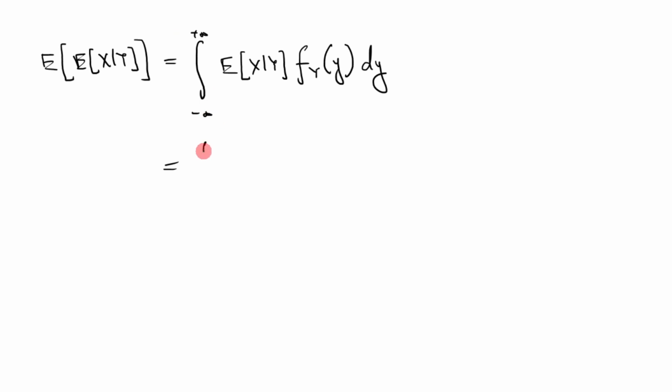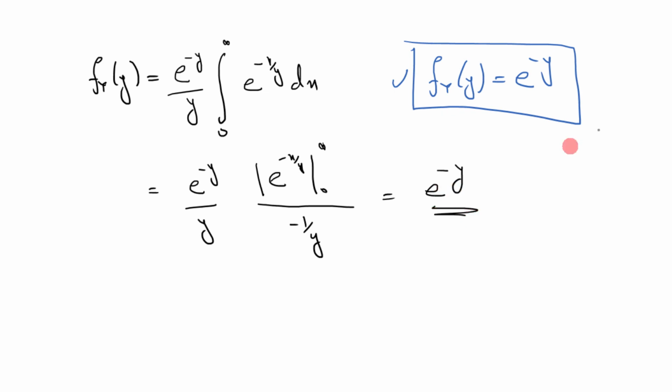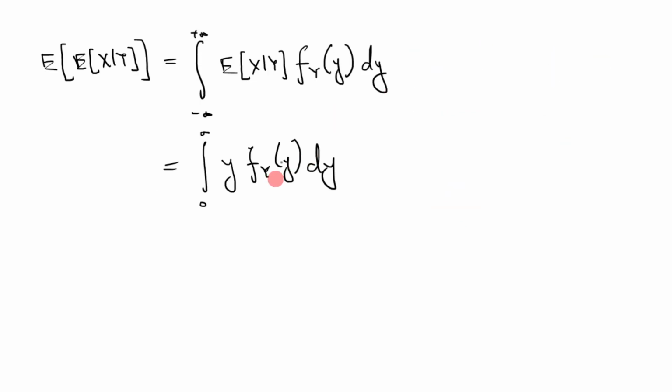Its integration limits are 0 to infinity. So here we have y and this is f y of y and this is dy, and this f y of y, marginal density function of y, is equal to e raised to power minus y. So putting here, what we will have is y into e raised to power minus y dy, from 0 to infinity. If you solve this integral, it will be equal to 1.